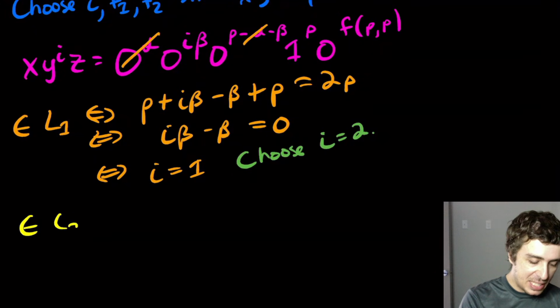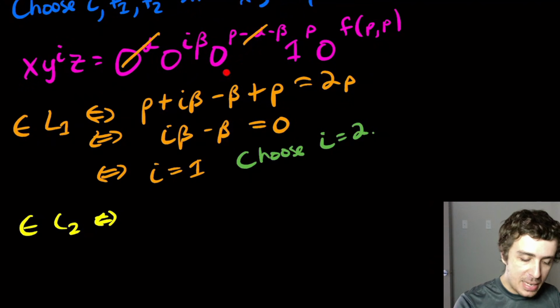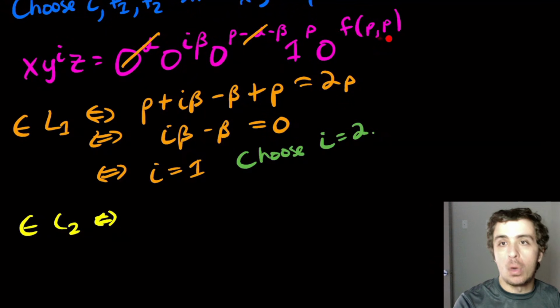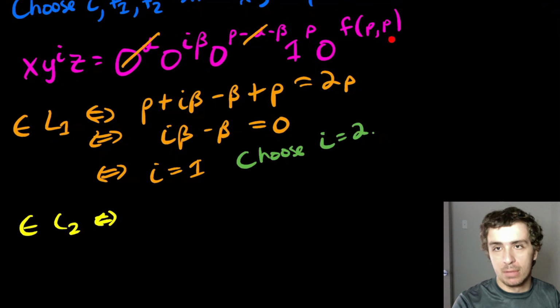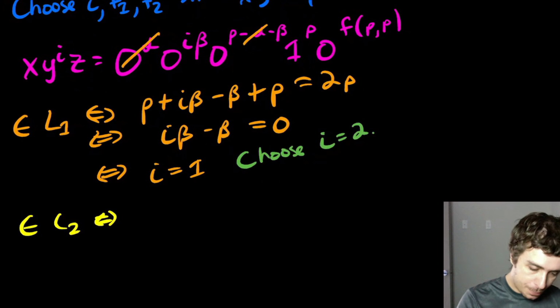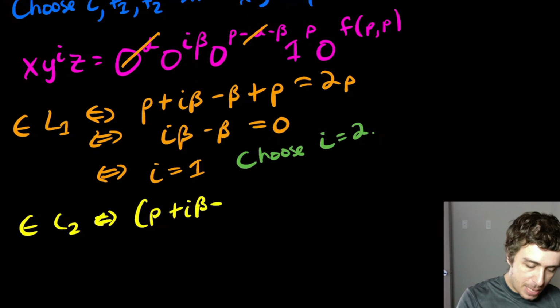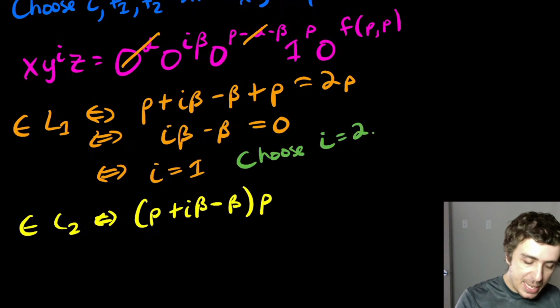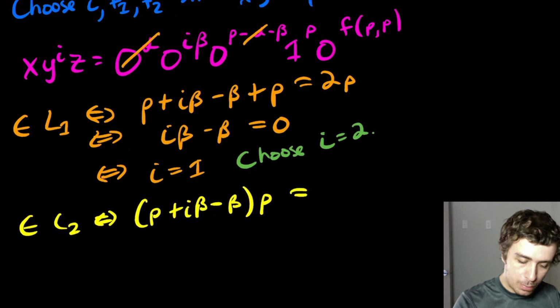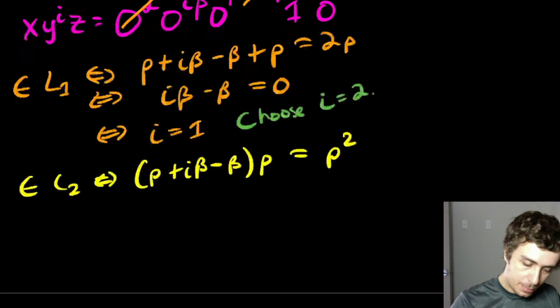This thing is in L2 if and only if multiplying the number of zeros times the number of ones equals p times p, because remember the second language had the two parameters multiply each other. So we have p plus i beta minus beta, times p, is equal to p squared.